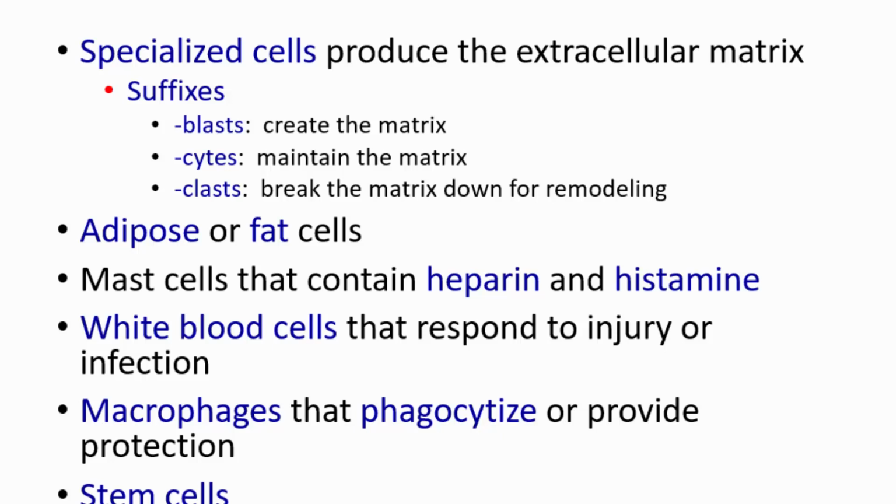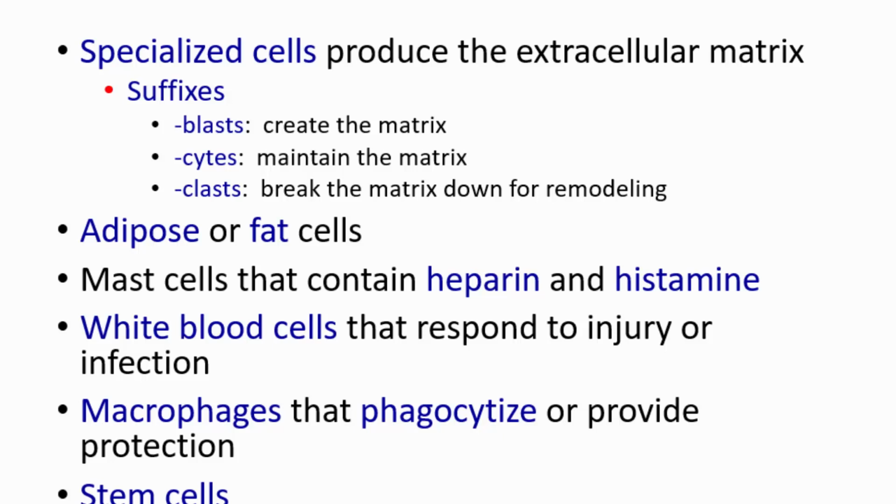Now, white blood cells, again, are a connective tissue cell, and they respond to injury or infection. Macrophages are a type of white blood cell that phagocytizes, which means it eats things, so that helps to provide protection. And then we also have stem cells. Again, stem cells are undifferentiated cells that can turn into whatever.